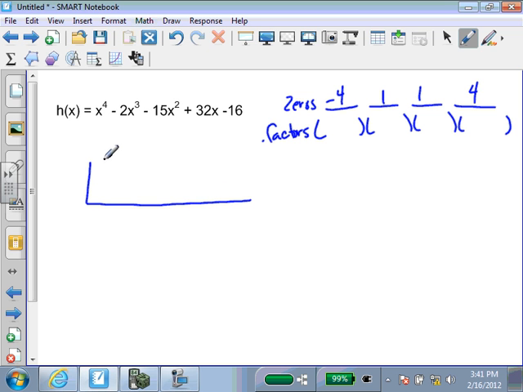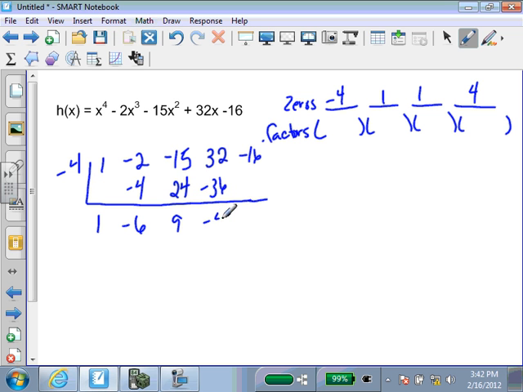Check that out. 1, negative 2, negative 15, 32, negative 16, with negative 4: 1, negative 4, negative 6, 24, 9, negative 36, negative 4, 16, 0. So x plus 4.